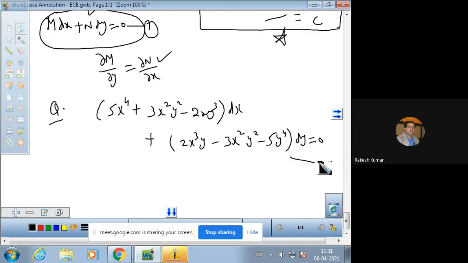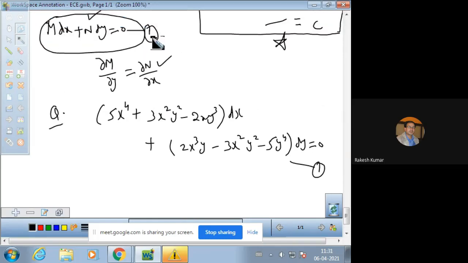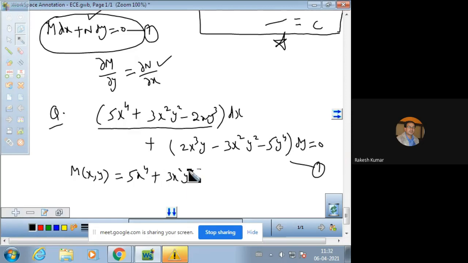You have to solve this, compare equation number 1 with the standard one. The coefficient of dx is M, so this can be named as M, meaning M is a function of x and y, that is 5x^4 plus 3x^2y^2 minus 2xy^3, and the coefficient of dy is N.